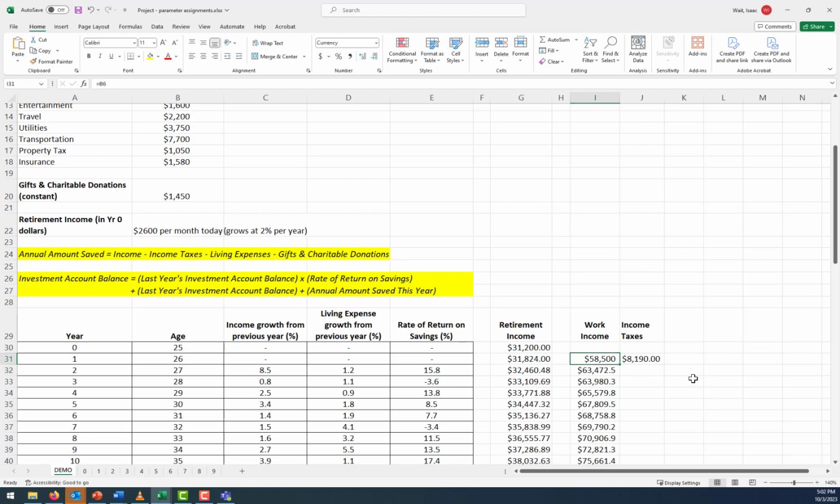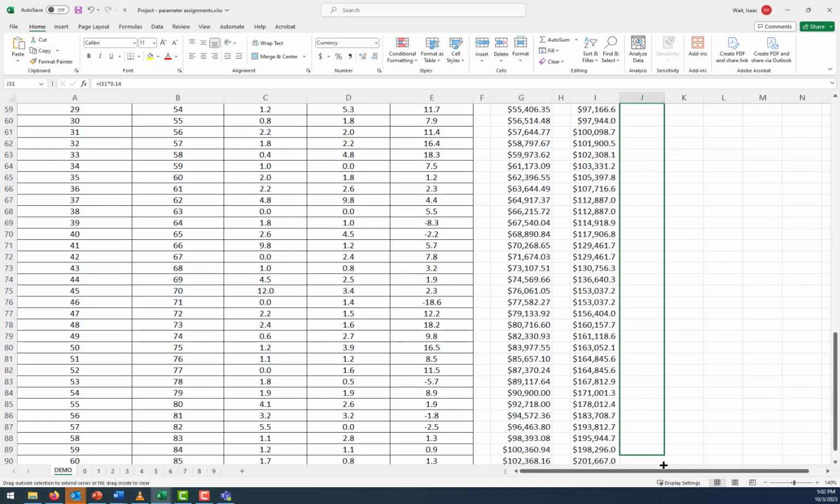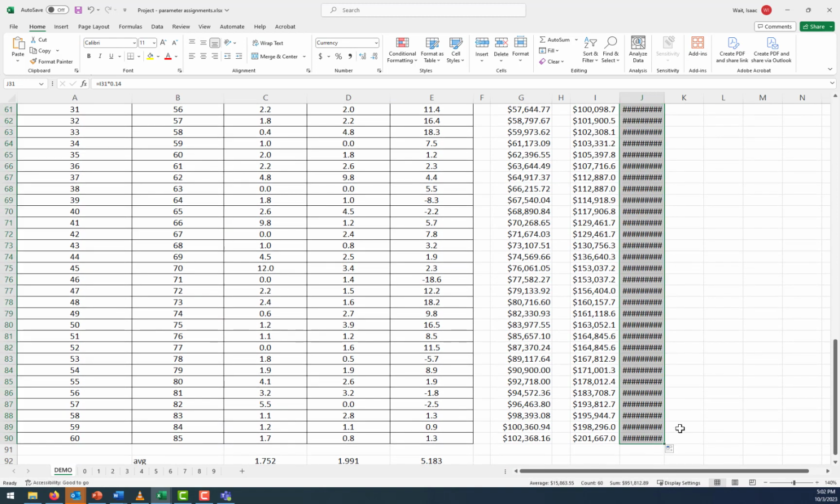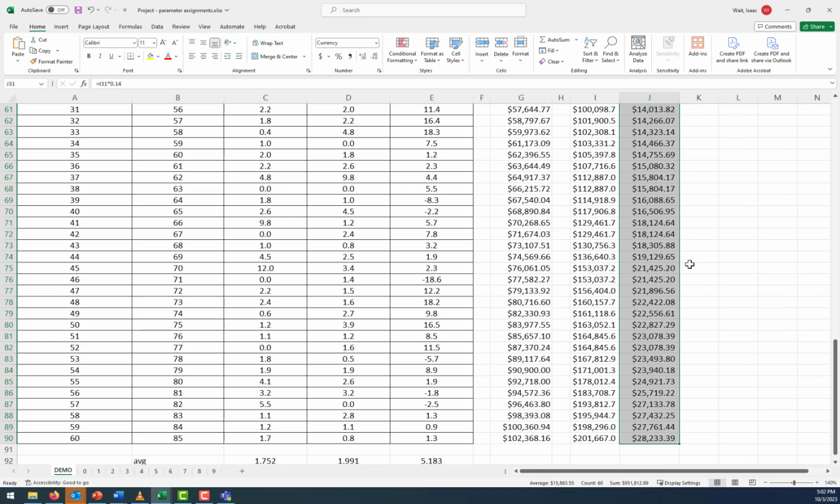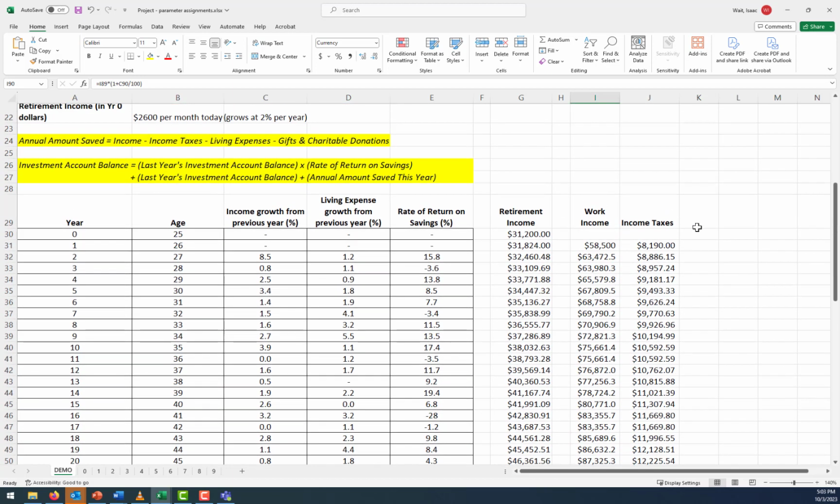So they make $58,500, their taxes are $8,190. So I'm going to drag this all the way down through, and it's a flat tax. We're just, for simplicity, assuming that their income tax as a percentage stays constant over time. Of course, the amounts will change because of the income itself changing.